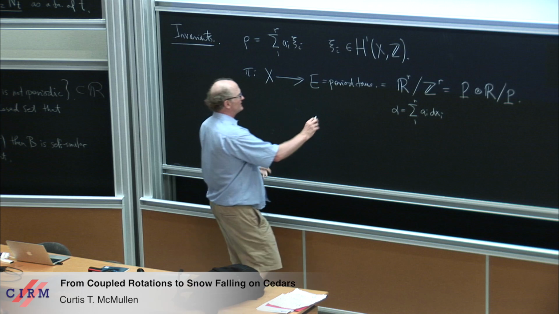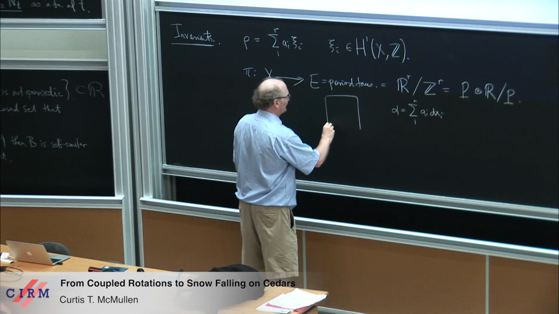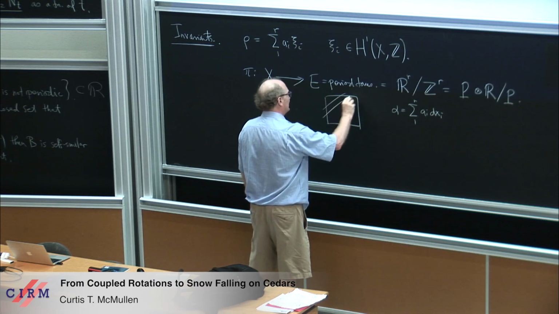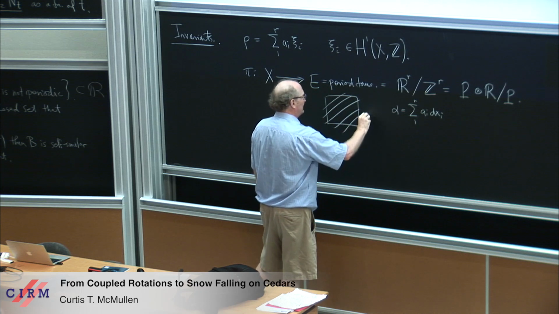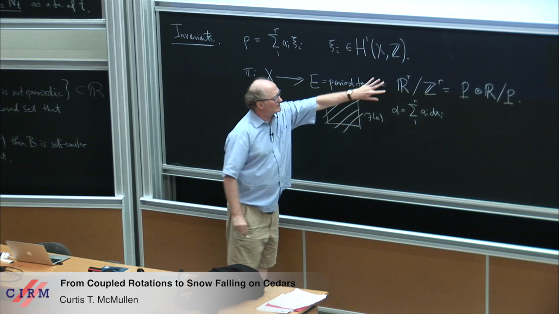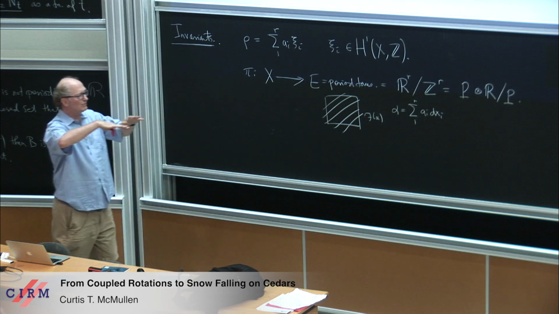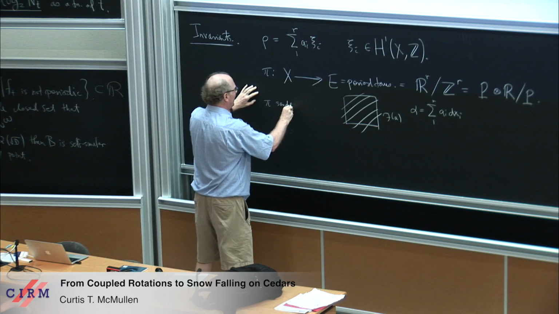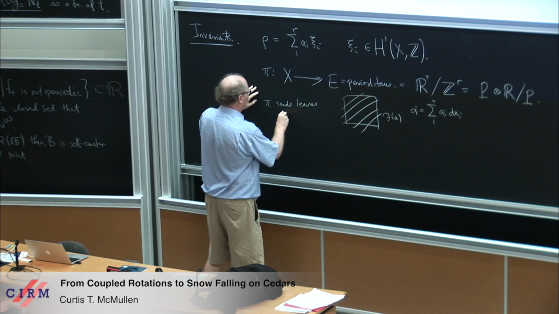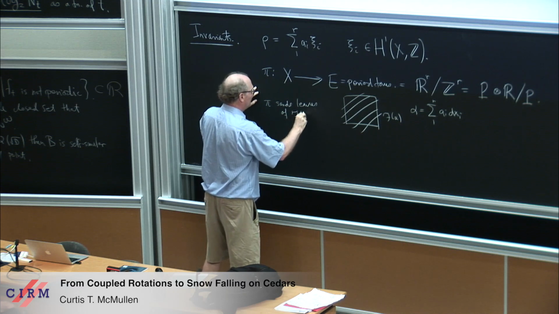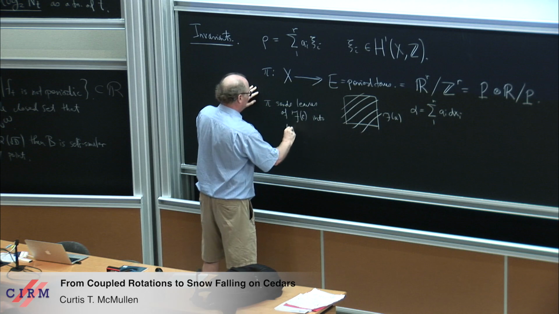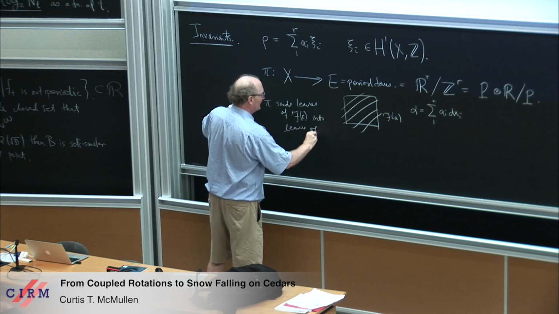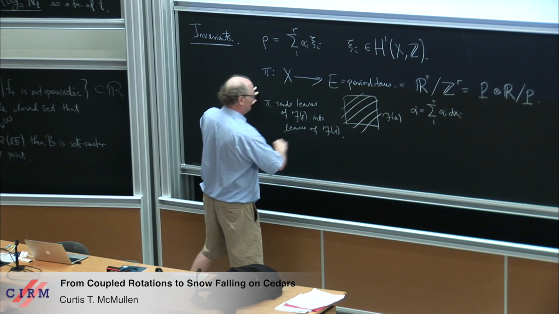And on this torus, there's an irrational foliation defined by alpha. By irrational, I mean each of the leaves is isomorphic to R to the R minus 1. It's codimension 1, and there's no topology to the leaves. And this map pi has the property that pi sends the leaves of the foliation of rho into the leaves of the foliation f sub alpha.